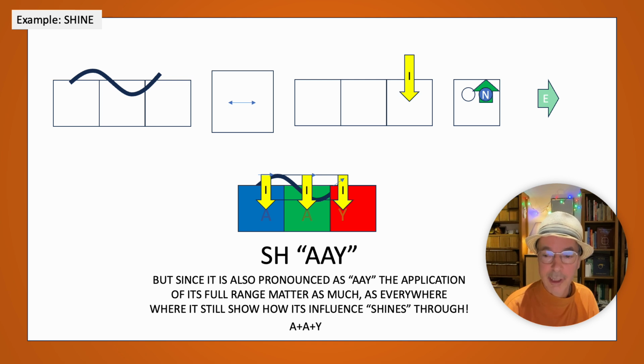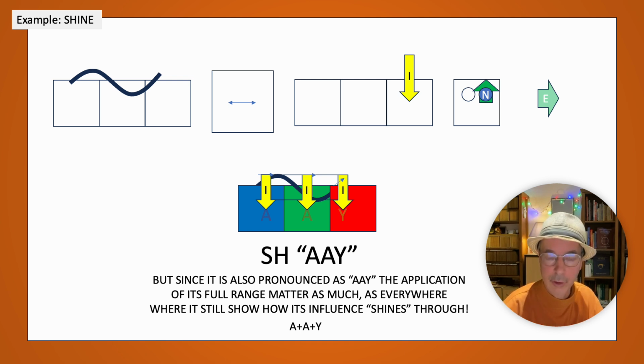It's not shin. It is shine, and the I actually refers to the idea that it should be applied and be visualized and be dealt with in all the areas. The A plus Y are like the three kinds of regions.